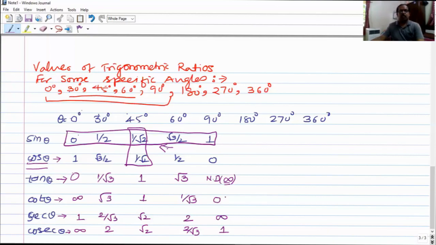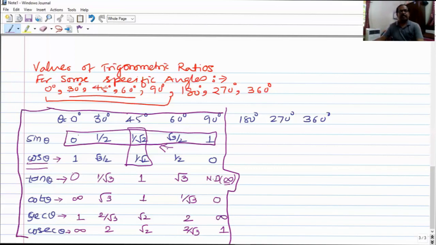Right? So this is a table which will help 10th standard students to solve the examples. We can use this as a table of the values of trigonometric functions in tabular form, right?